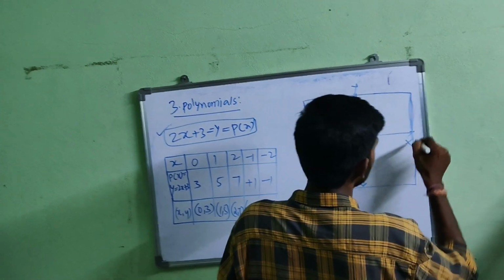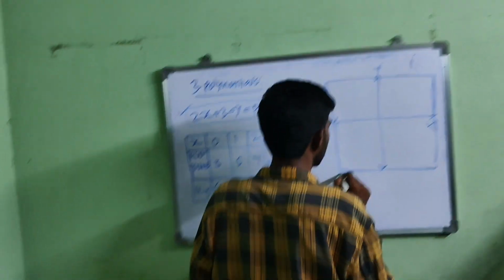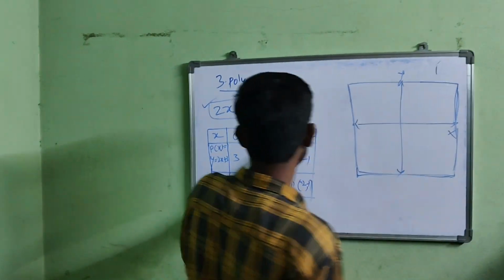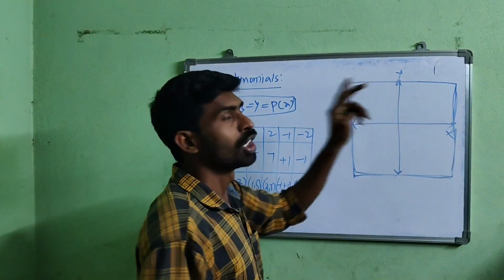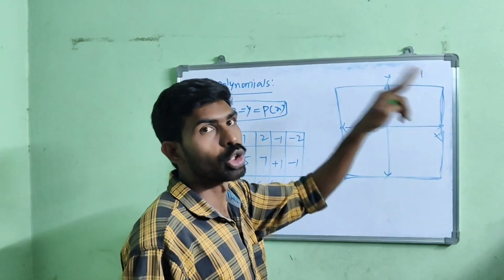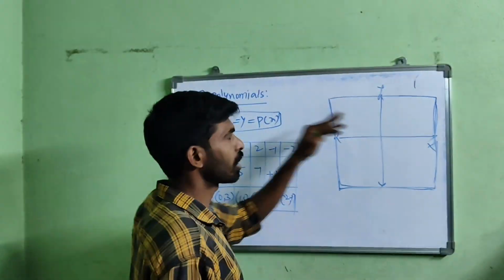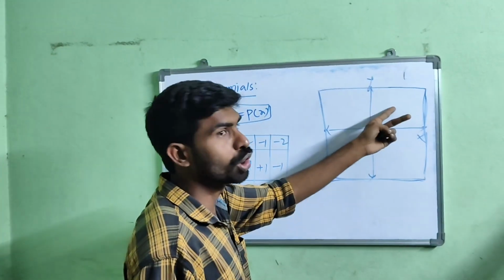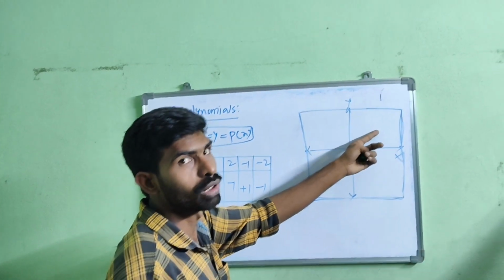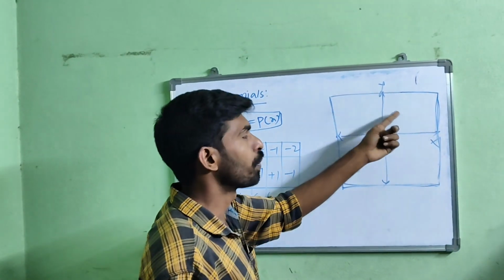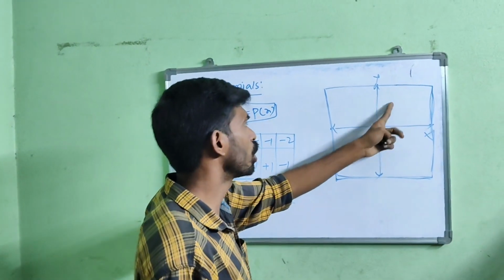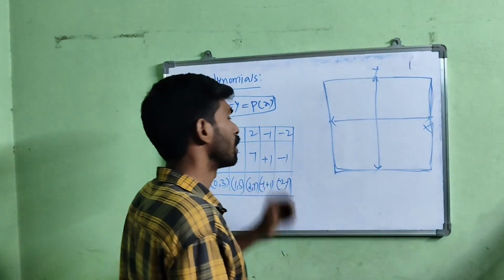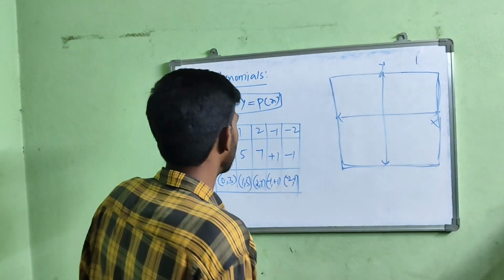I already told you in the last class how to take. If you are taking 1 unit equal to 1 centimeter, these two will be 2 boxes, that means 2 units. If we are taking 2 units equal to 1 centimeter, then the value will be changed.